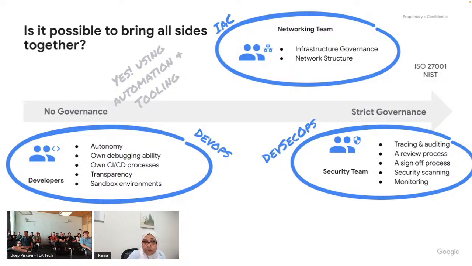And yes, we can definitely bring all together by automating tools and by SRE and by the different principles that can help them deliver their targets without learning the language of the other team, because this is the obstacle that we have today, that we are trying to ask the developers, please learn to speak in the security or in the IaC language. And this is something that is super hard for developers.